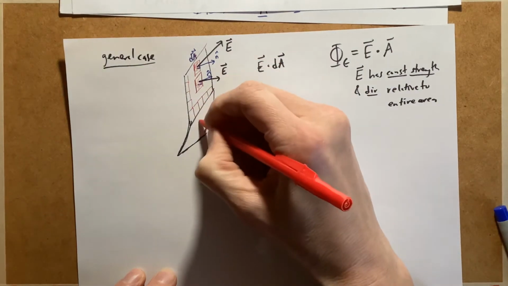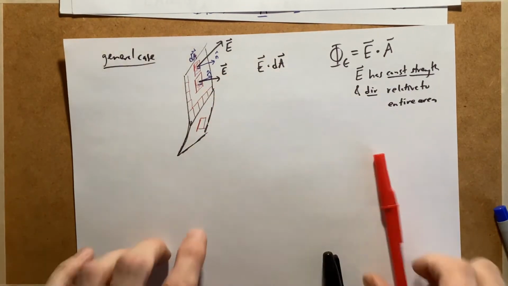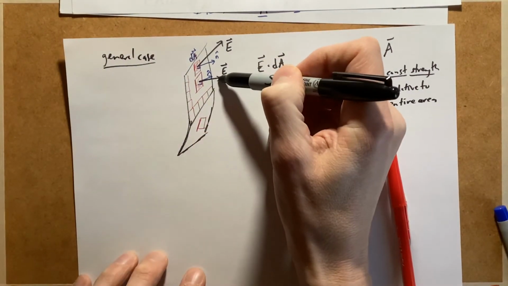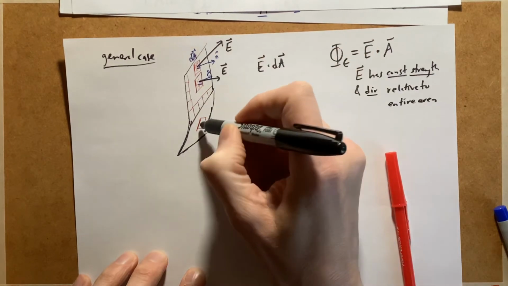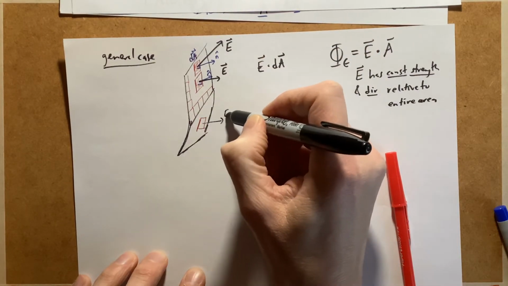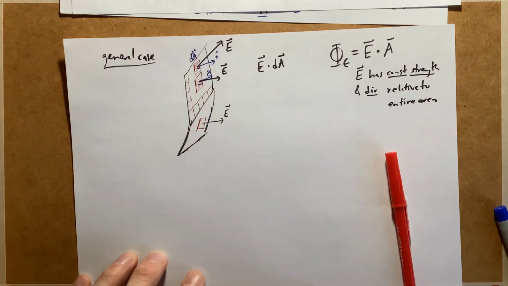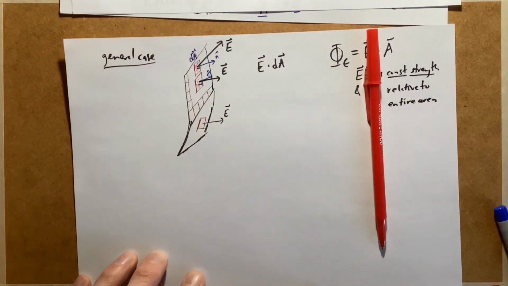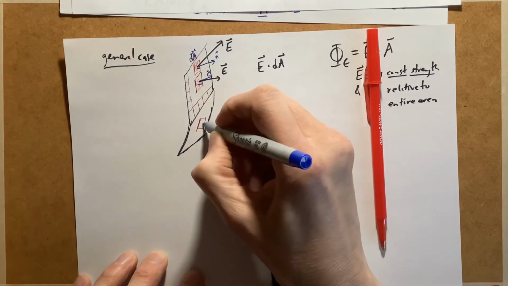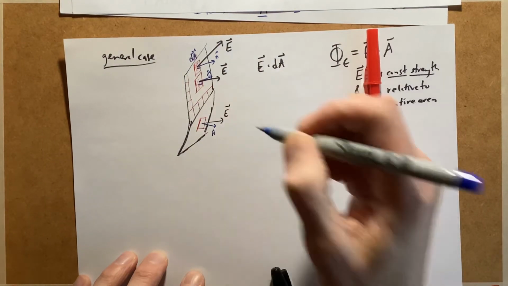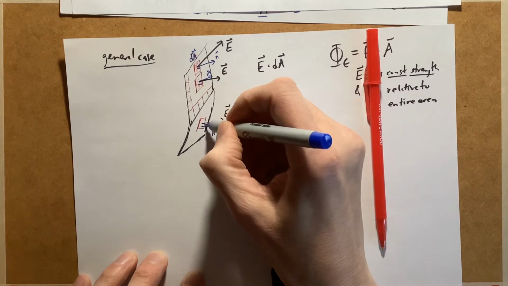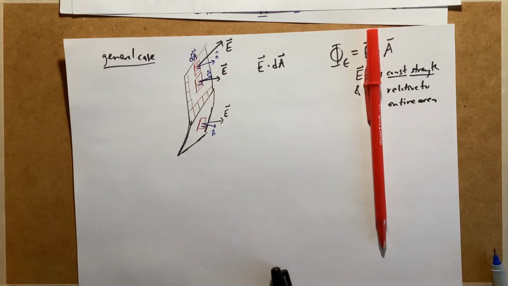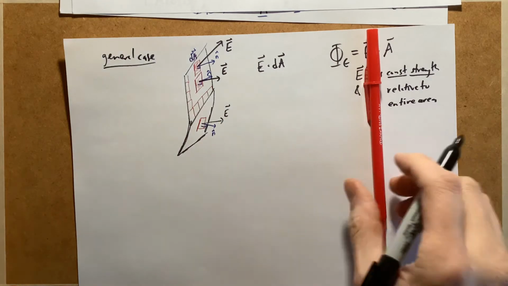So for the dA down here, maybe the electric field is exactly the same as up here, so let me draw the same length of arrow and the same direction. But now, because my area itself is curved, the normal here has changed orientation. Remember, it has to stay perpendicular to the area. And so that might be another reason why the relationship is not so nice.